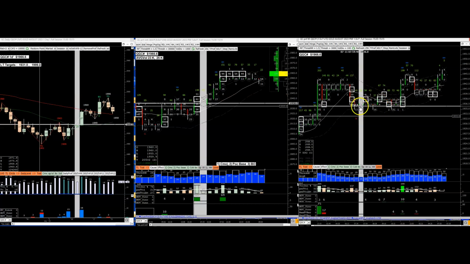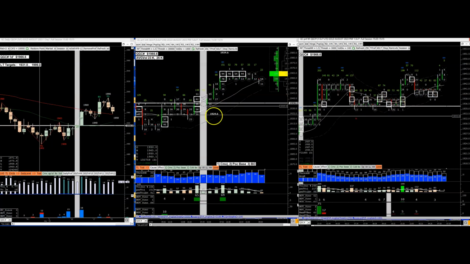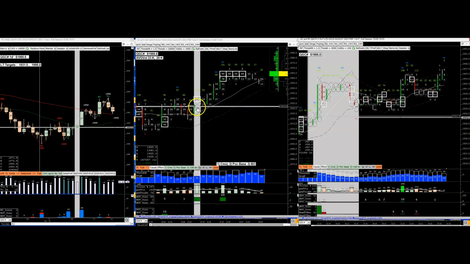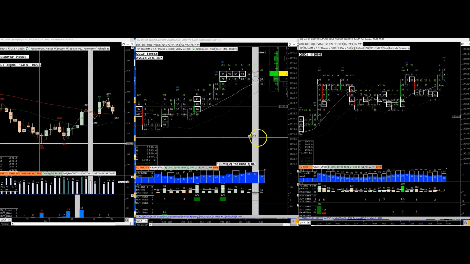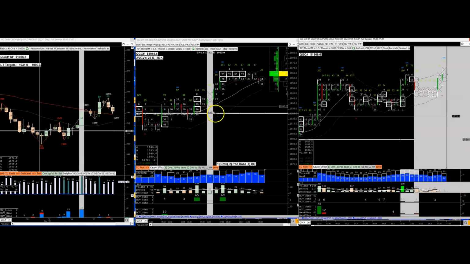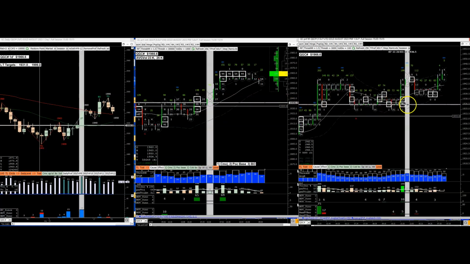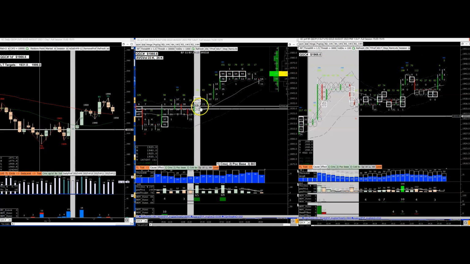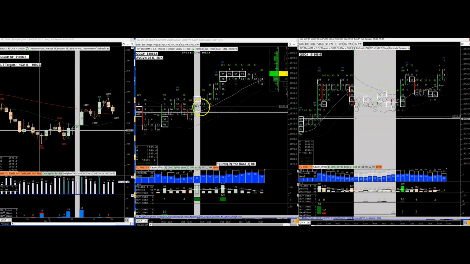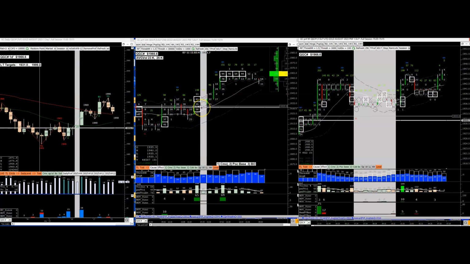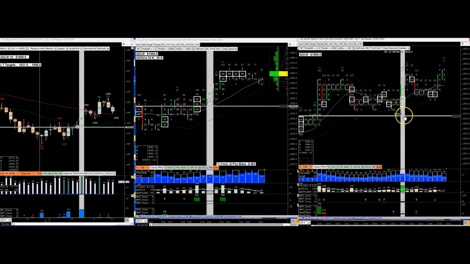So it pulls back. It moves sideways, but that sideways is on top of a higher time frame block. You see the white block? That is where the CM is. So it starts accumulating on top of that high volume white box, whatever you want to call it. So that's what it's doing.